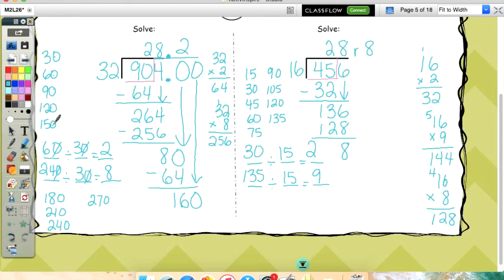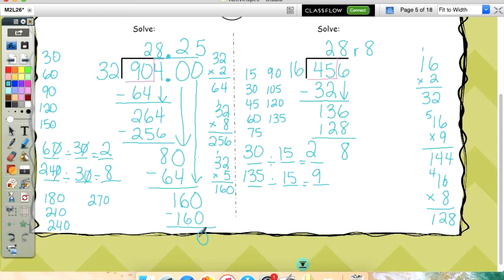Want to try a 5? Okay, 32 times 5. Everybody try it. It's perfect. Oh, awesome. So I'm going to put the 5 directly above the 0 in the 160. And we now know that the actual exact answer is 28 and 25 hundredths.